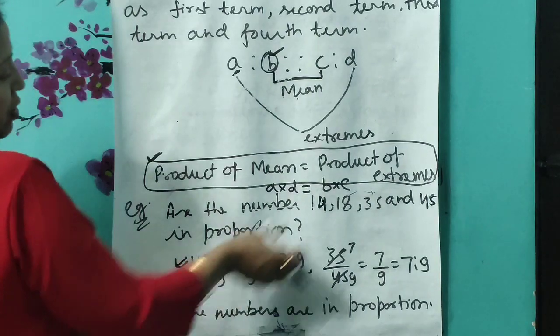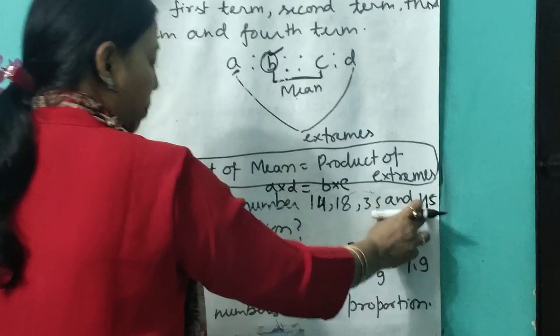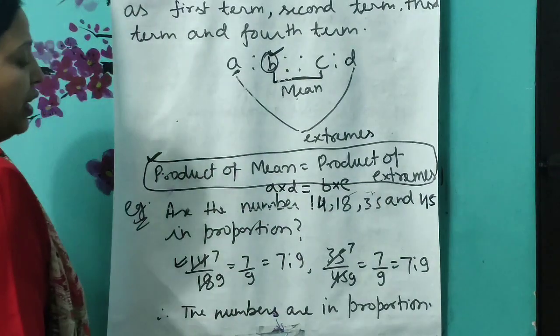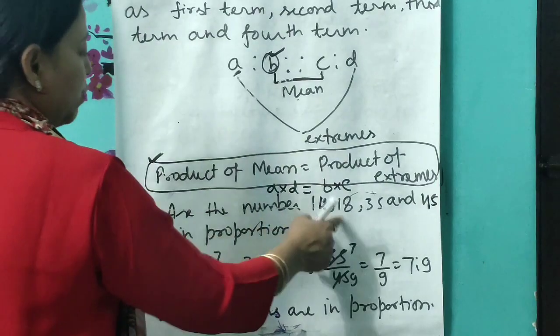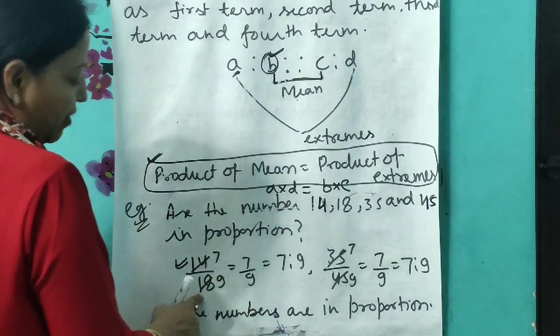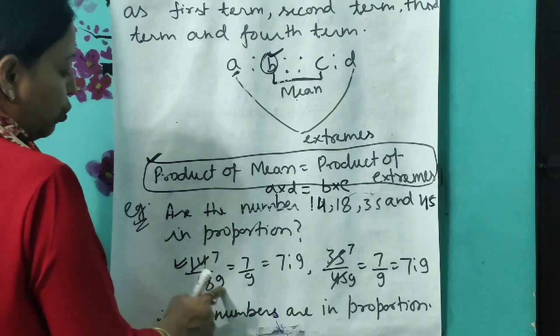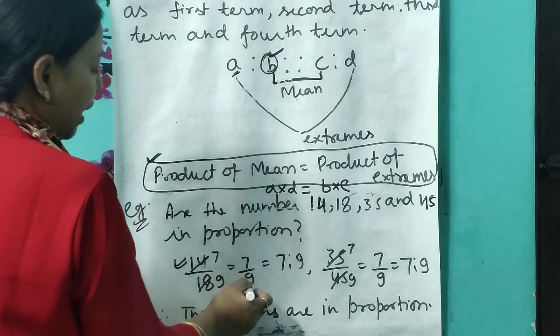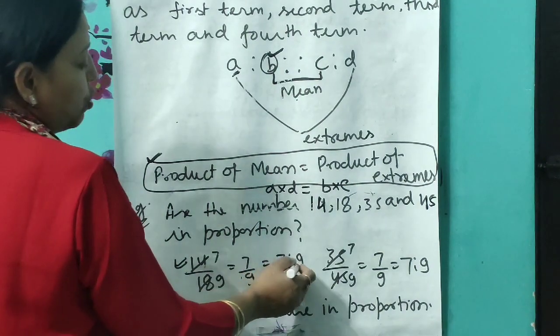You write the ratio of the first two numbers and then the ratio of the last two numbers, and if the ratios are equal, then the numbers are in proportion. Take the first two numbers: 14 by 18. You can divide by 2: 2 sevens are 14 and 2 nines are 18. You will get 7 by 9 in simple form, that is 7 is to 9.